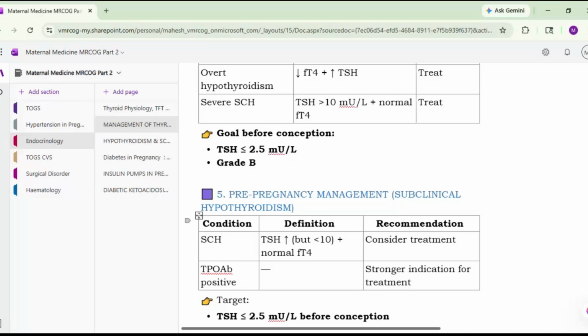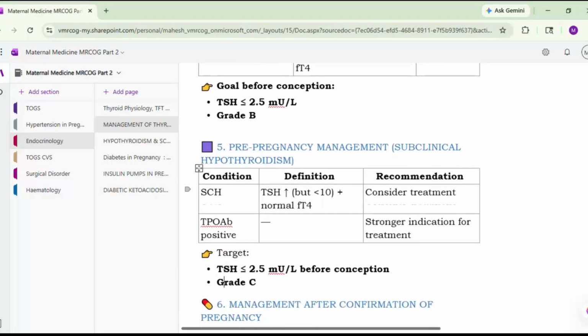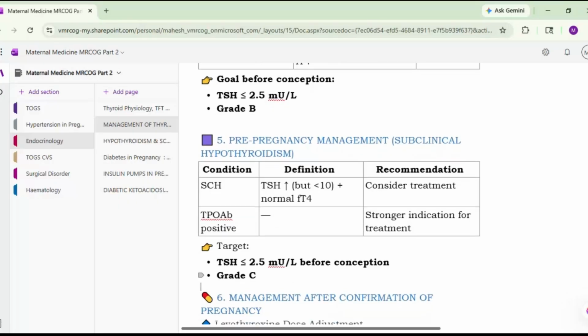So they have just divided this into severe and only plain subclinical hypothyroidism. Here they are saying treat definitely. Here they say consider treatment, but a stronger indication if she has TPO antibody positive. And what will be your target? Target will be to bring the TSH level to less than 2.5 milli units before conception.